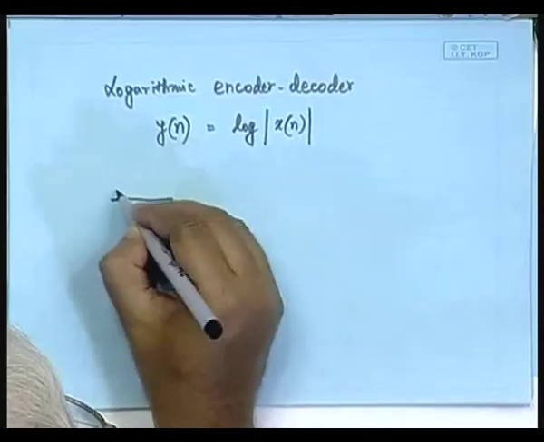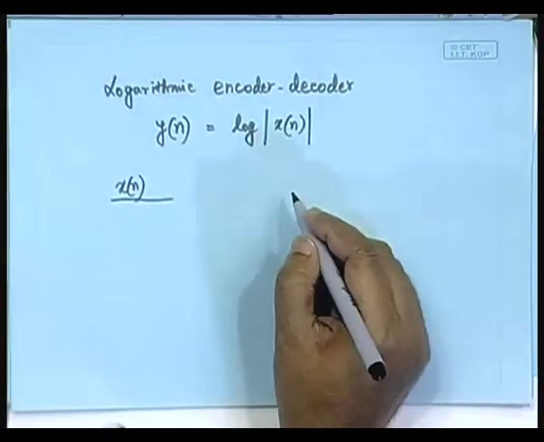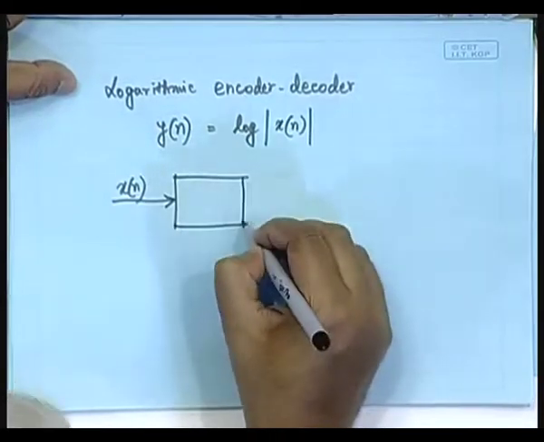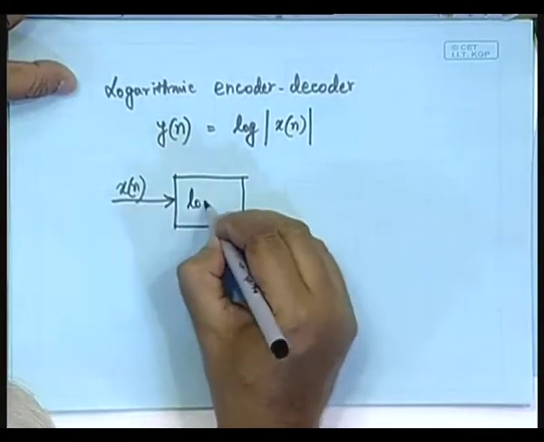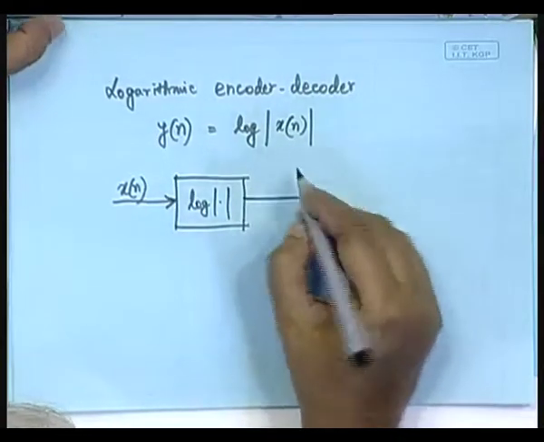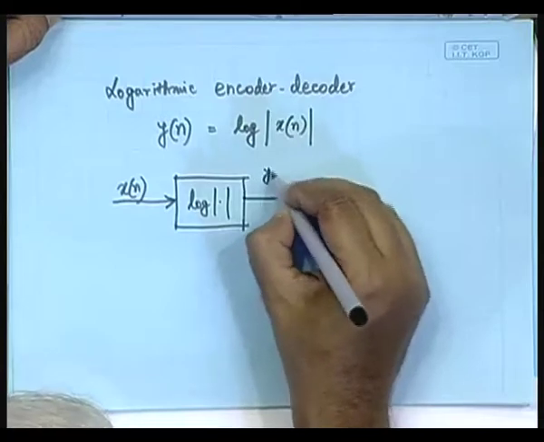We take x of n, that is the speech sample, as an input, and then we have a logarithmic transformation block. So, it is log mod. Definitely this output will be nothing but y of n.